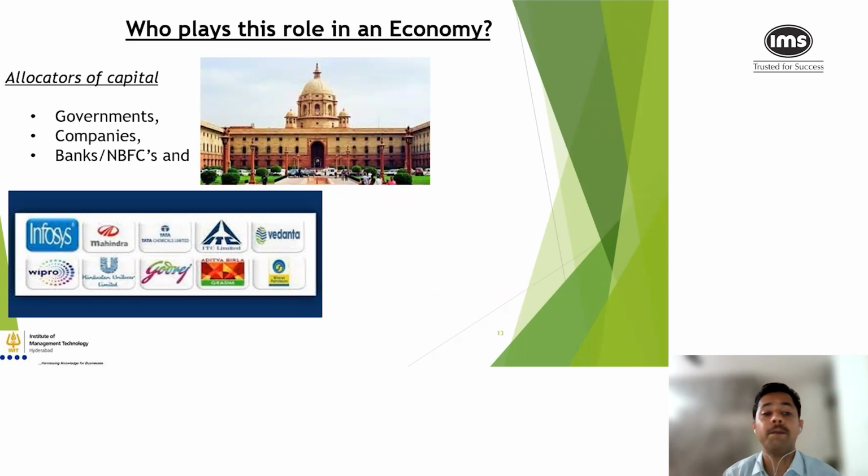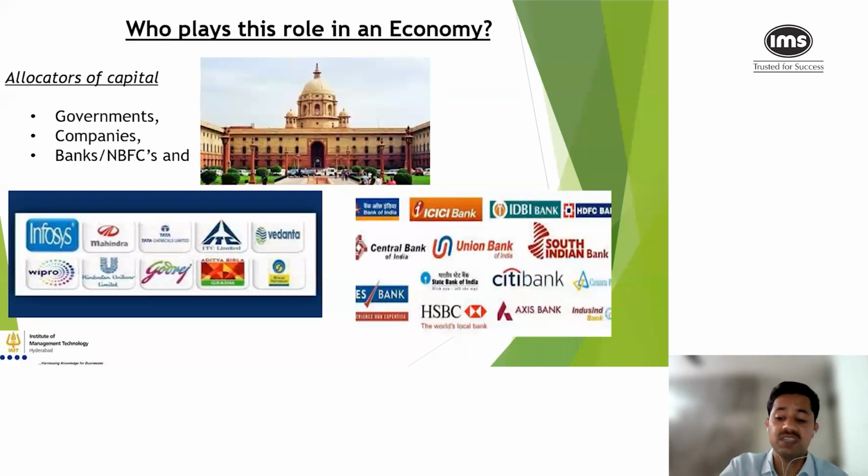The third could be banks and non-banking finance companies. And still, the most important category, and where most of the jobs in finance revolve, are financial markets. So, as I said, the domain of finance is revolving around this basic function of allocation of capital, and the careers of finance revolve around these four allocators of capital.